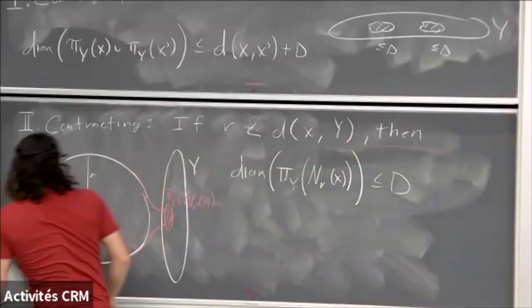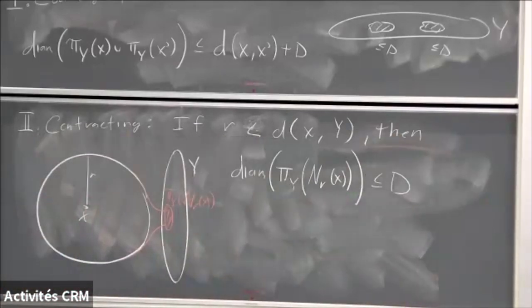And the third property, which is secretly just this property in a different language, but is a useful enough thing on its own to state, I'll call the bounded geodesic image property.